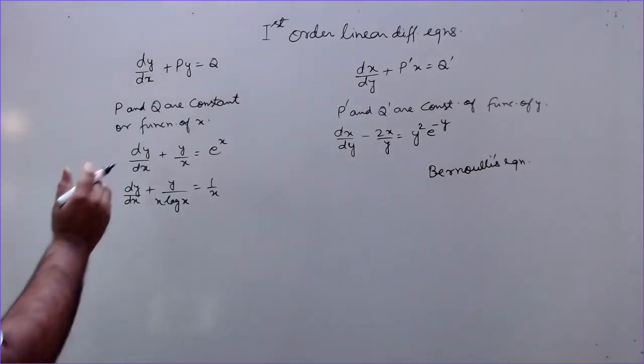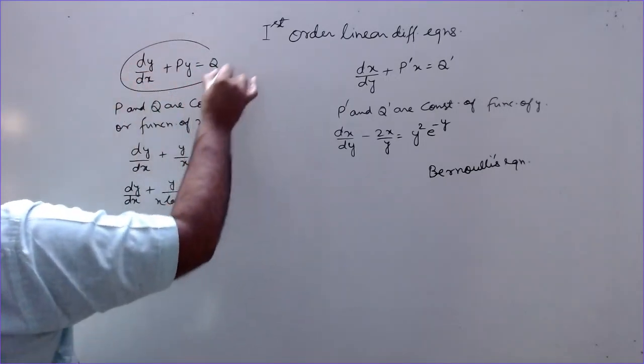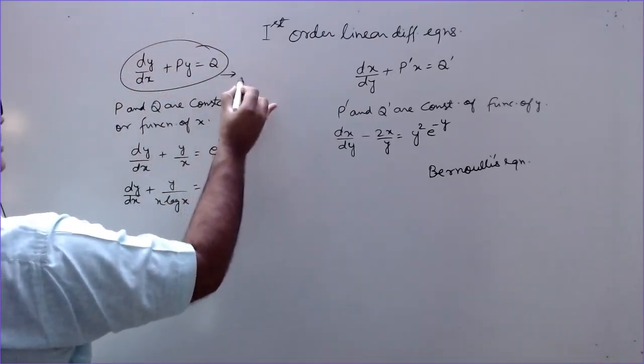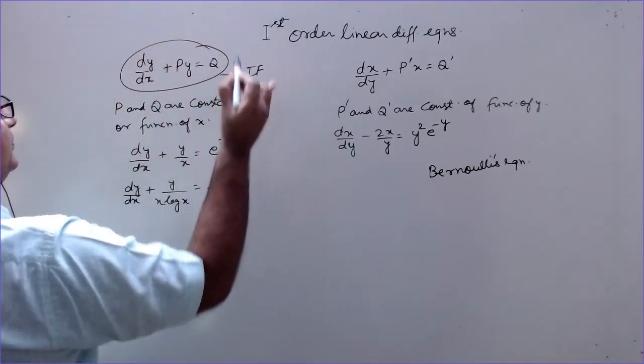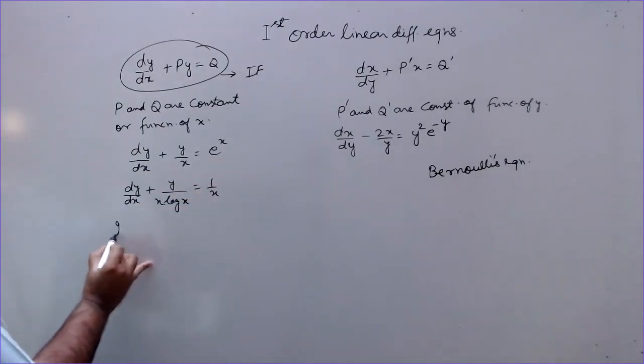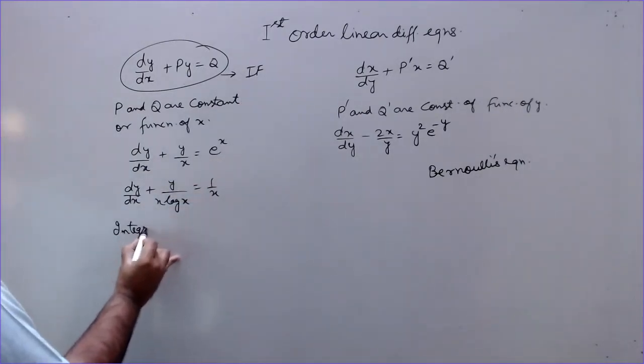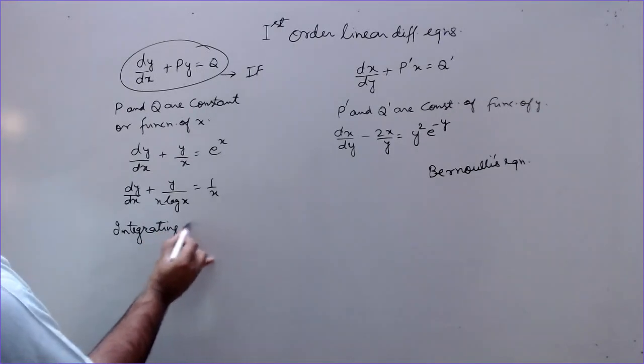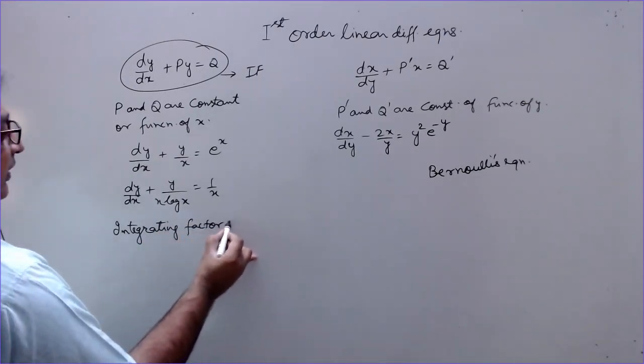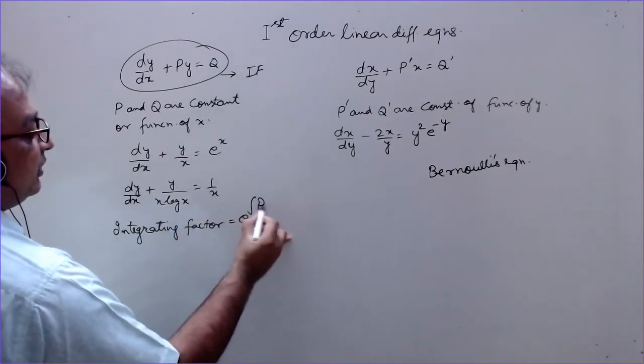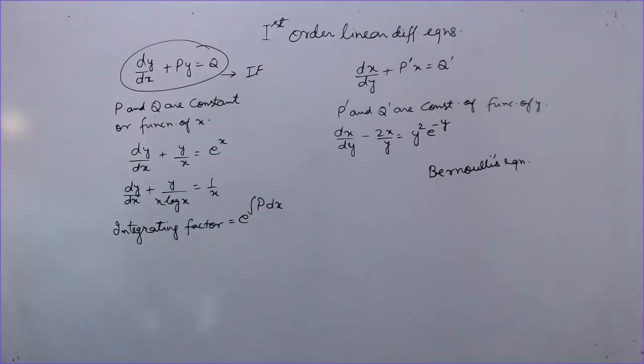Now if you solve this equation, then there is a term that is called integrating factor. So integrating factor is written as exponential integral of p dx. p is a function of x.